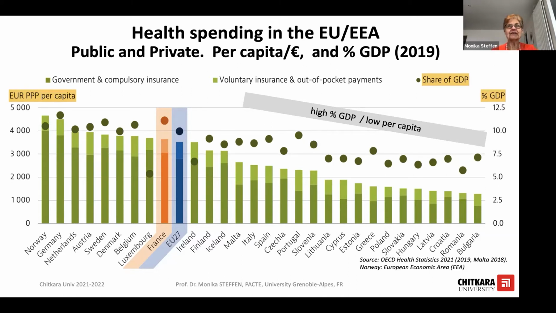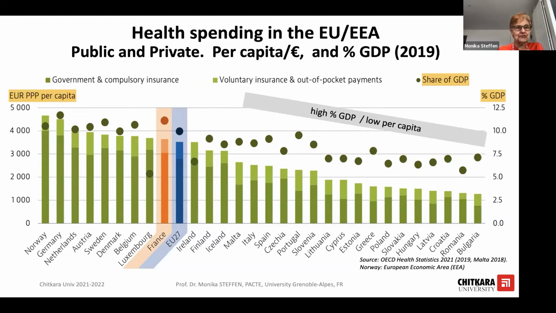Let's say healthcare is $1 a year in some strange country, you would say, well, it's very little. But if for $1 you can buy nearly a house in that country, then you see it's quite a lot of money. So this is what PPP means, purchasing power parity.